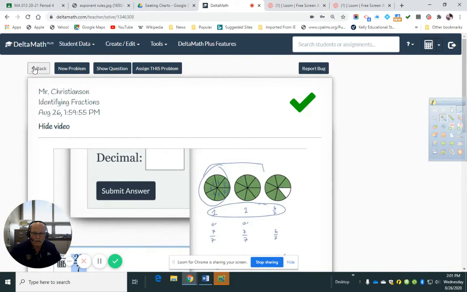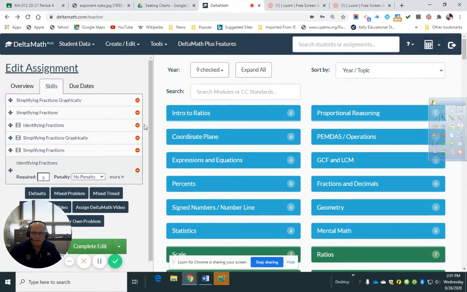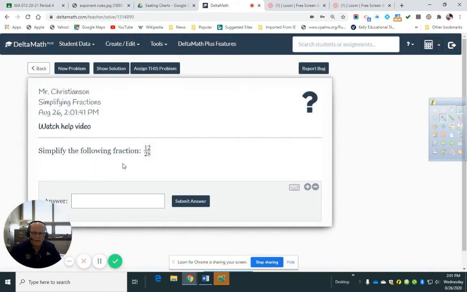Let's look at the next one. Simplifying graphically, I'm going to let you look at that. I think that's pretty simple to pick up. And simplifying fractions generally, you are going to find the common factor.